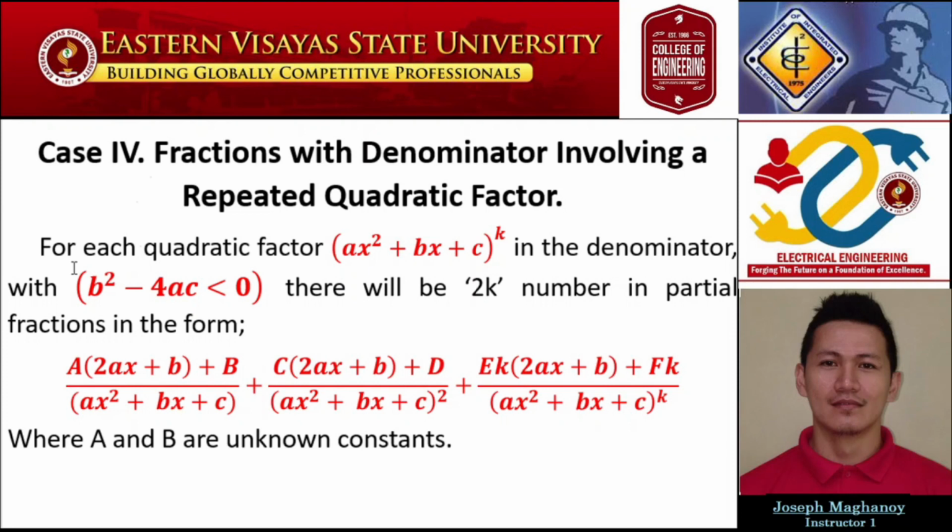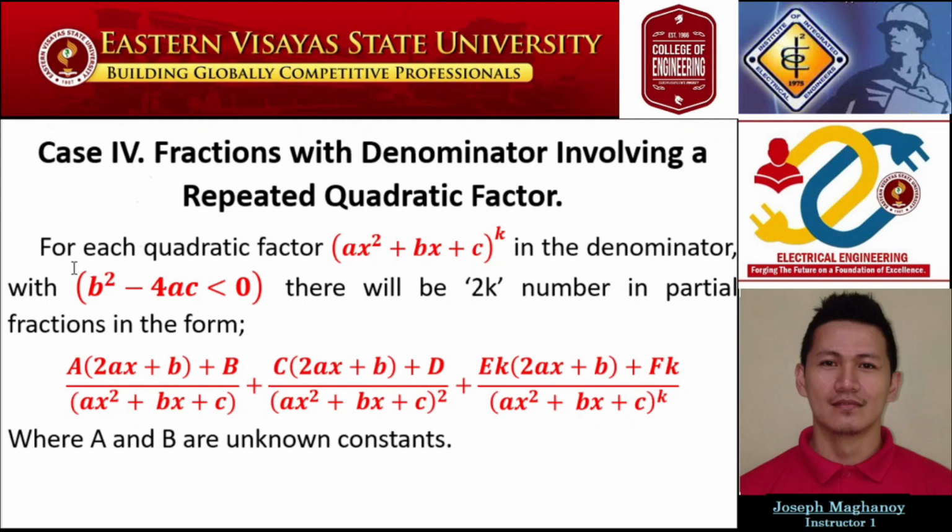In the succeeding fractions, where n is greater than 1, with the numerator containing the factor 2ax plus b, our first derivative of our denominator, the power formula will be used, while those fractions containing a constant only in the numerator may be integrated using trigonometric substitution, with the aid of the suggested transformation by trigonometric formula, of course.